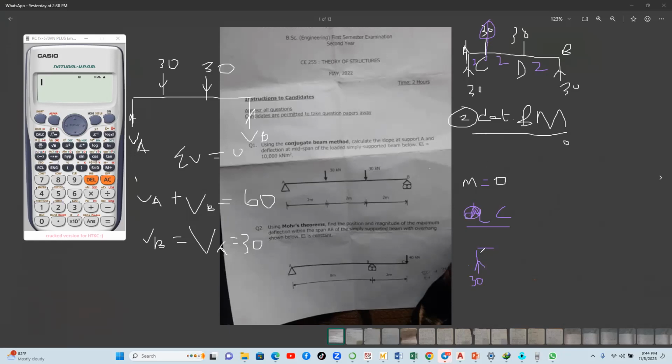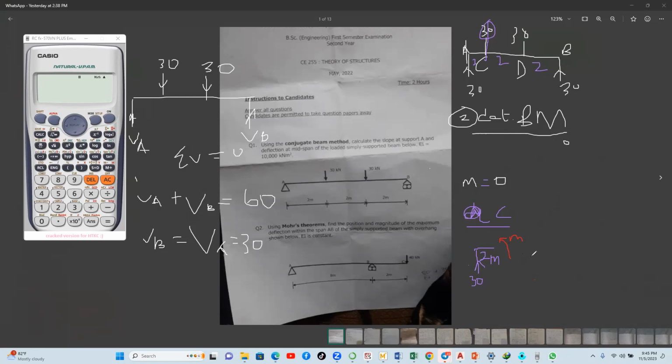So I wouldn't have any load over there again. Okay. I'll have my 2 meters here. And my moments will come. This is my moment. So here is my M. Let's try and find the value of M, and that will be our bending moment at C.